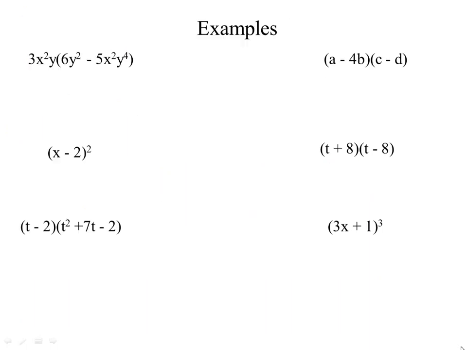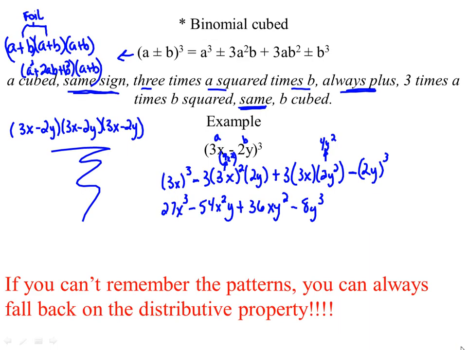Alright, yes. On the plus or minus, how do you know that you need minus? Because the pattern is same sign, and same sign, and then always plus. The middle one's always plus, and the 2 on the outside are the same sign that's in your problem.